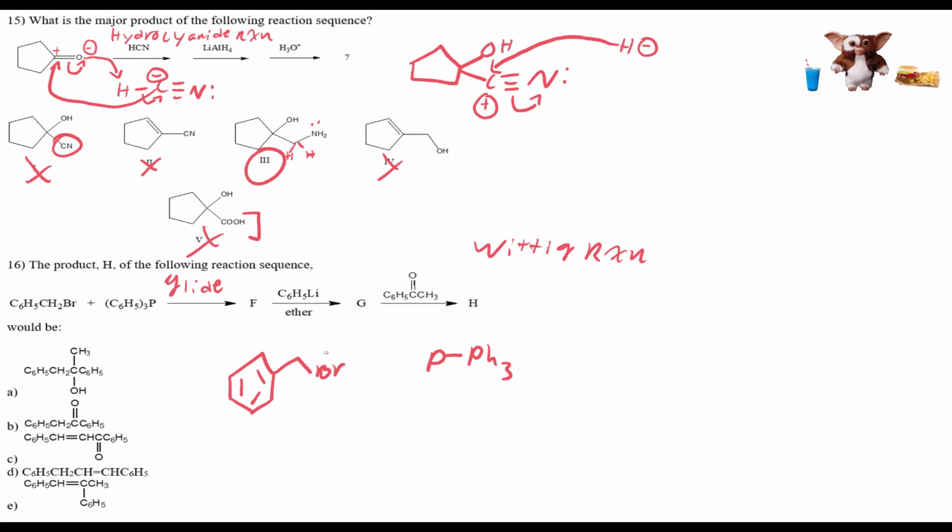And what happens here is that this phosphorus has some electrons, and it's basically going to attack this carbon. So bromine leaves this carbon, making it positive, and right here, this phosphorus is going to attack this carbon.